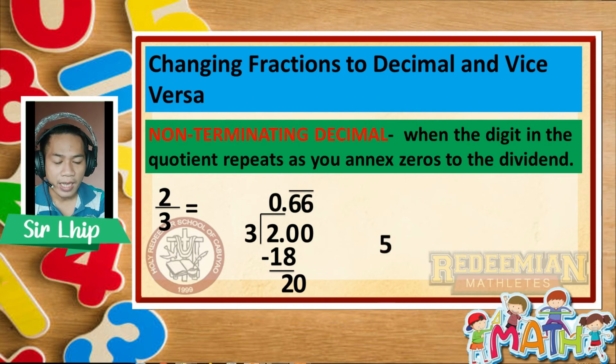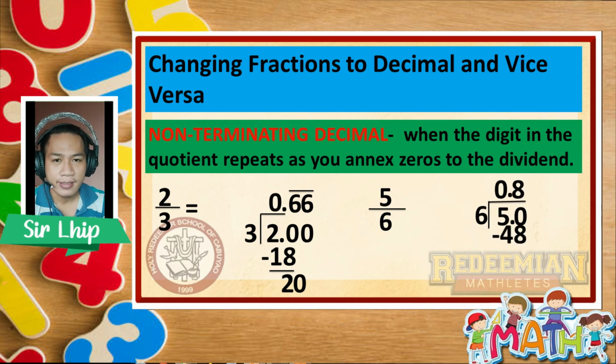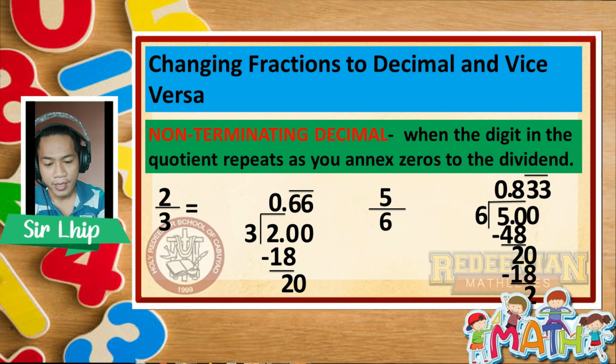Another example, 5 over 6 equals 0.8, then 3333 something. Then, if you write the answer, use again the bar line above the quotient. So, 0.833 bar.